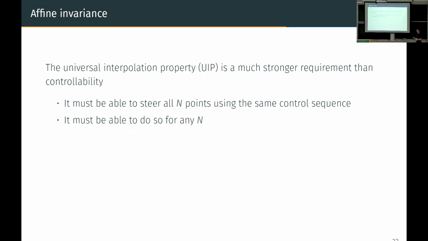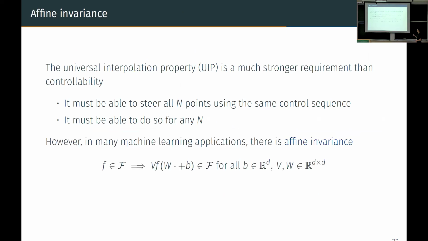However, remember that we use affine invariance a lot. Affine invariance is present in a lot of machine learning architectures. We define affine invariance as follows: if your f is in this set, and I apply any affine transformation of the following form, it still stays within this set. So you assume that your control family has some affine invariance. It turns out that this essentially enables the UIP.